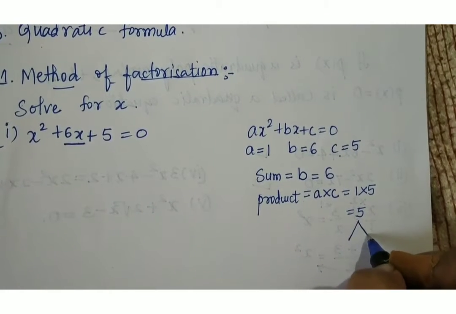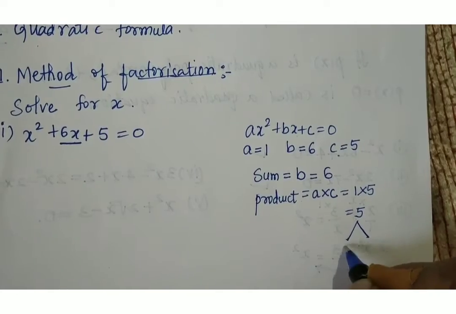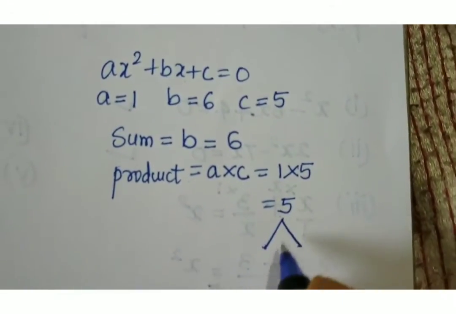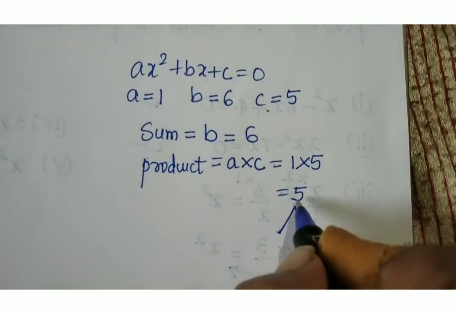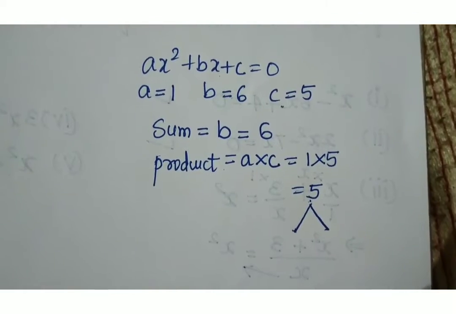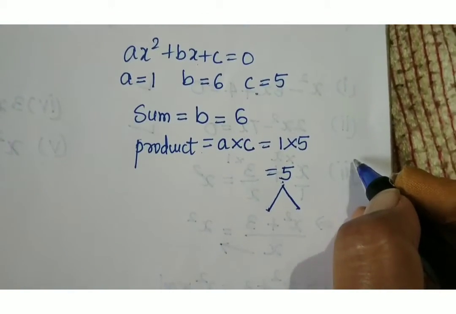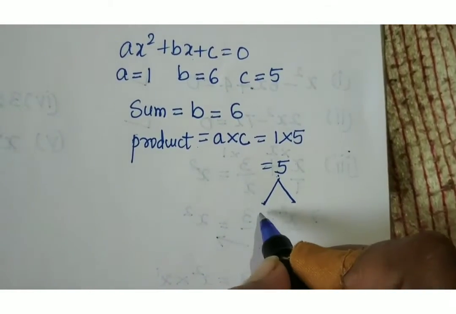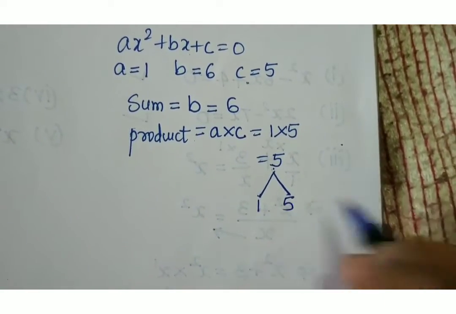Now we must write two numbers whose product should be 5. If we multiply those two numbers, we should get 5. And if we add these two numbers, we should get 6. So very simple. Now 5 is a prime number, so 1 into 5 only will be 5. So 1 fives are 5.